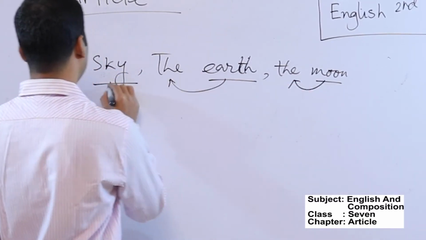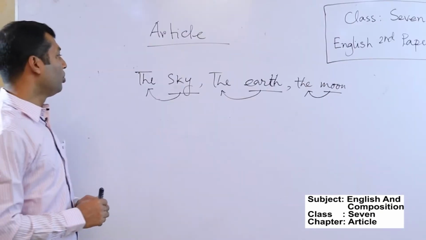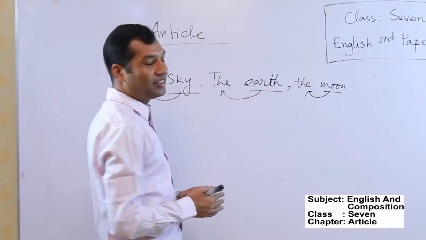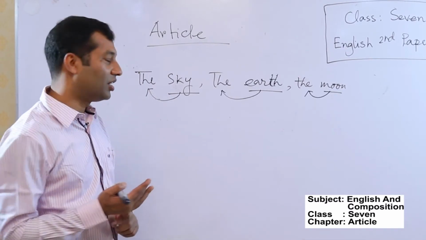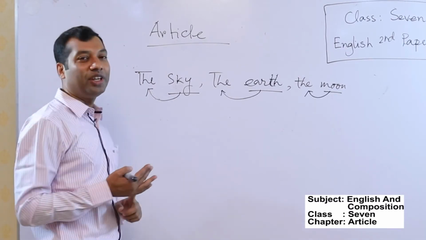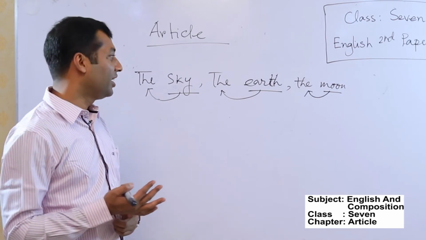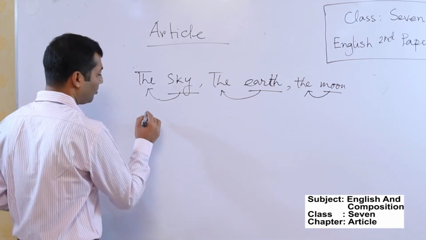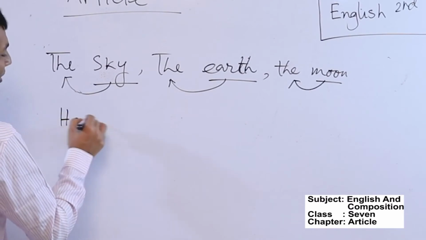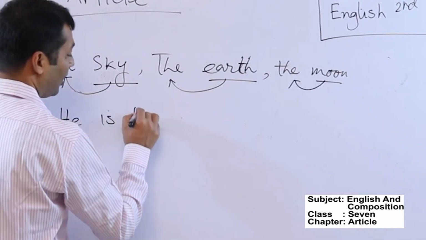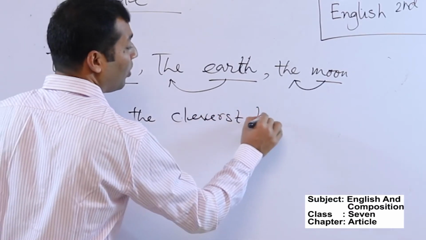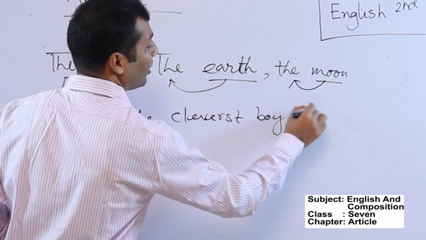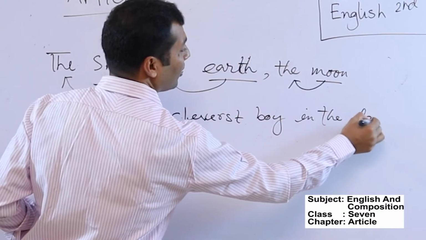You know that degrees are of three kinds: positive degree, comparative degree, and superlative degree. So the superlative degree always takes the article "the" before it. For example, he is the cleverest boy in the class.